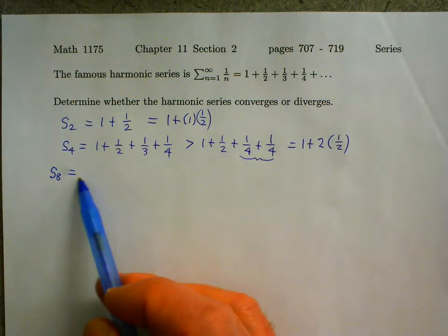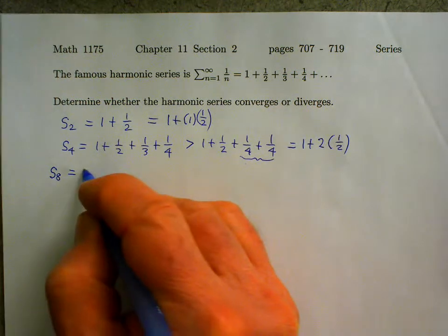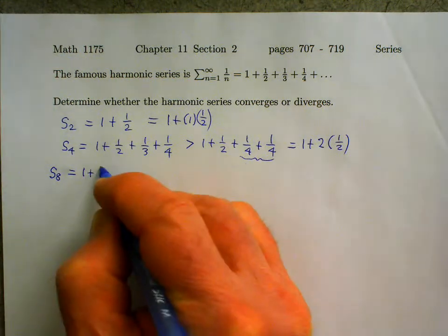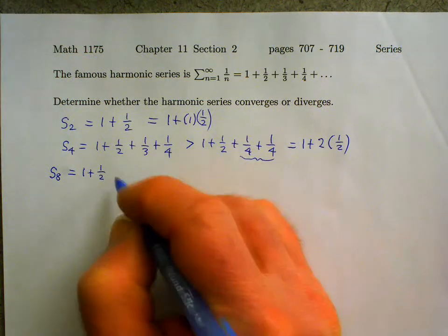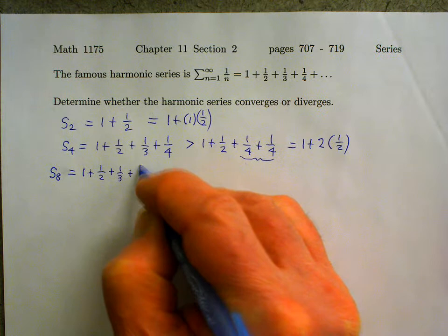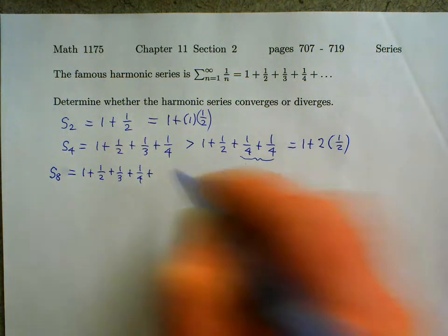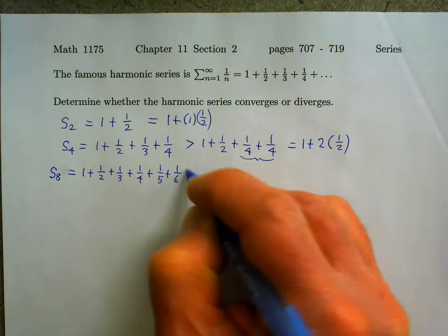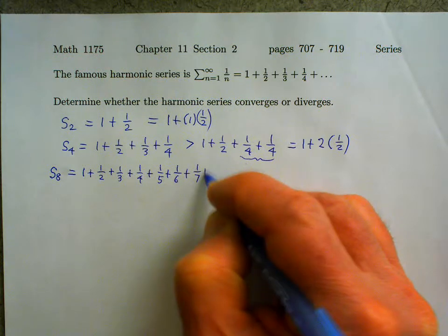Okay, so let's go ahead and write out the terms for S sub 8. It's the sum of the first 8 terms, 1 plus 1/2 plus 1/3 plus 1/4 plus 1/5 plus 1/6 plus 1/7 plus 1/8.